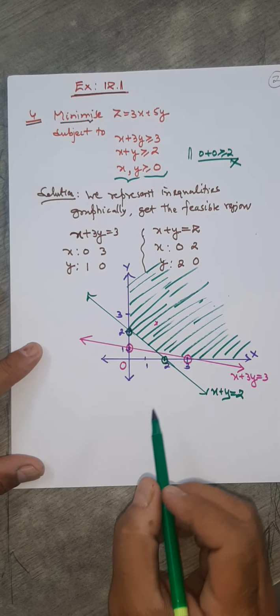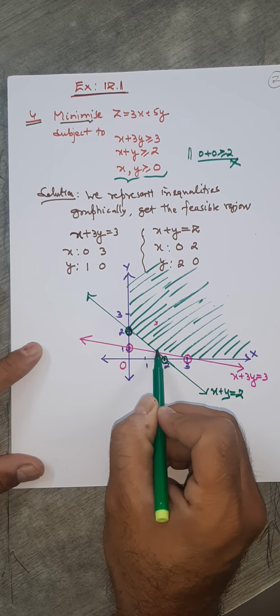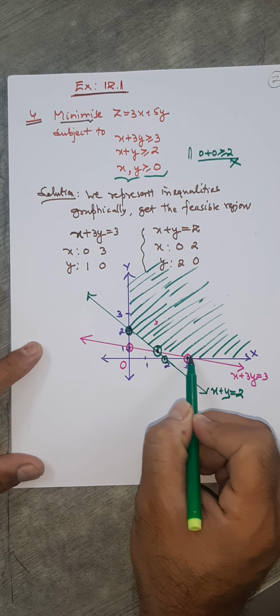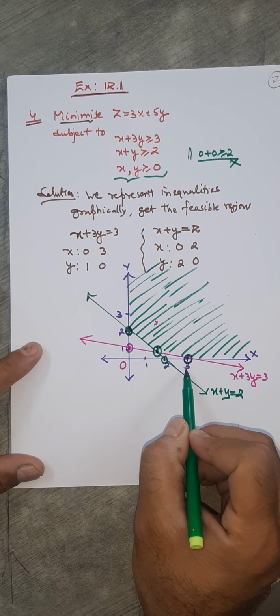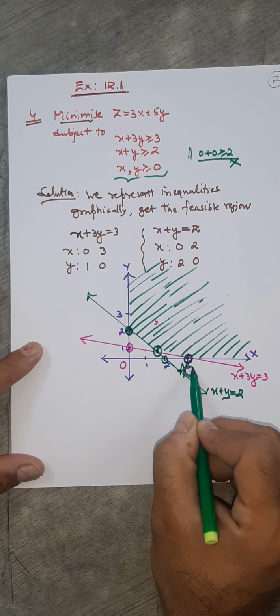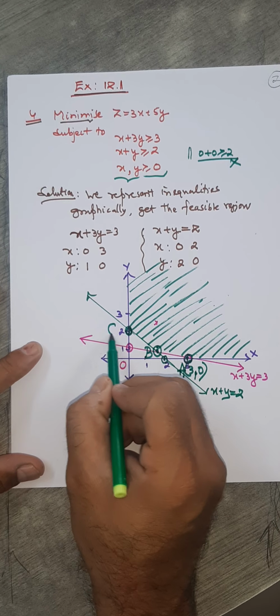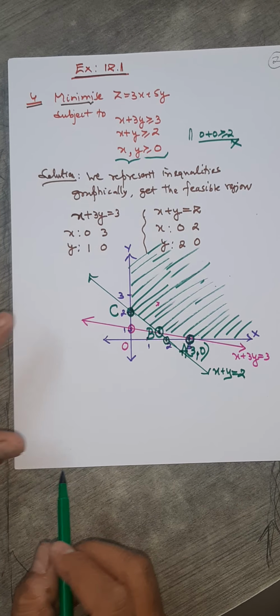Now this is unbounded. What are the corner points? 1, 2 and 3. I hope this is clear to you now. These 2 corner points are obvious. If I call this A, then here 3, 0. B we need to find. We call this C, which is 0, 2.